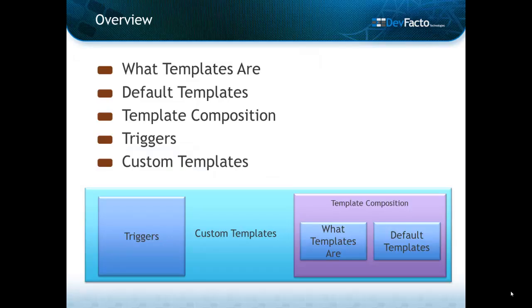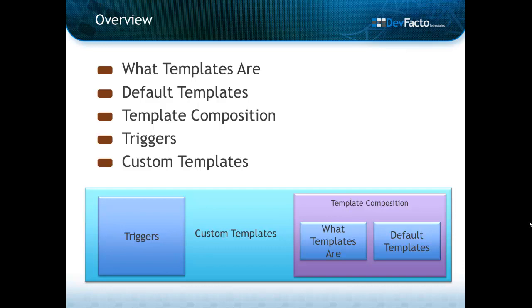Okay, so to start, we'll go over an overview of what's going to be covered. We're going to go over what templates are, what they look like, what they mean. We'll go over some default templates, how to find them, and how to deal with them. Then we'll go over template composition. This just means how you build a complex template, yet keep it simple, keep it from becoming a gigantic monolith of a template that will just confuse you and make things longer and harder.